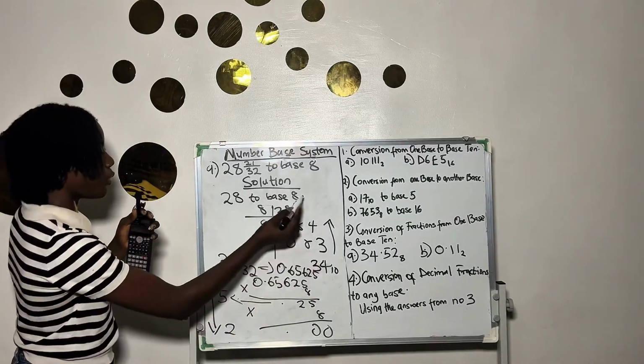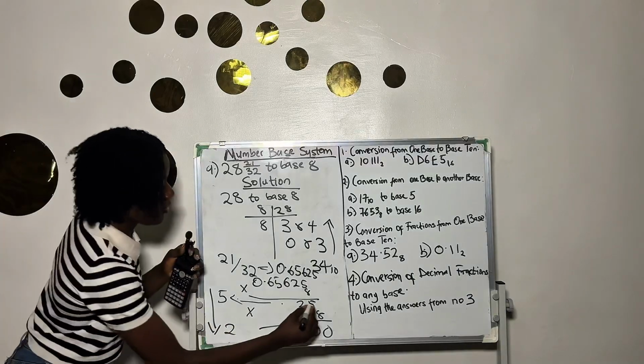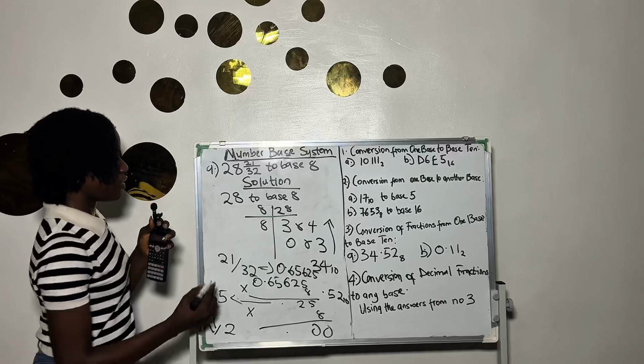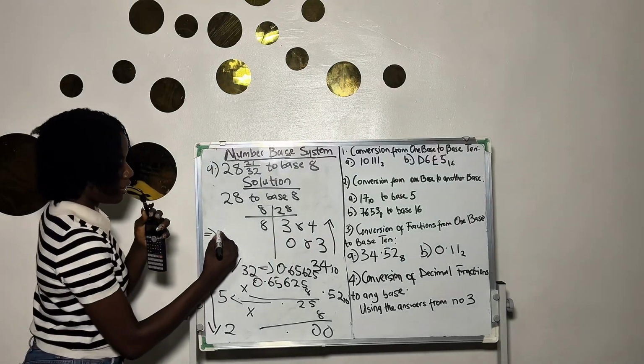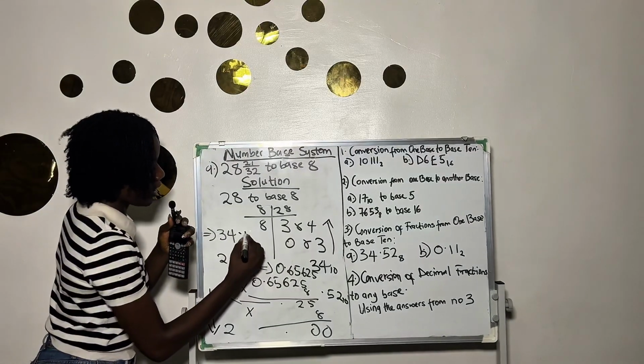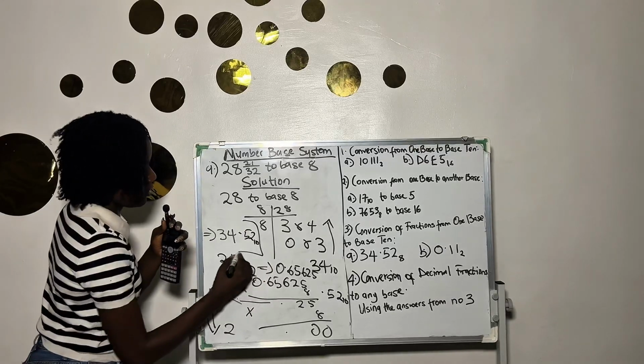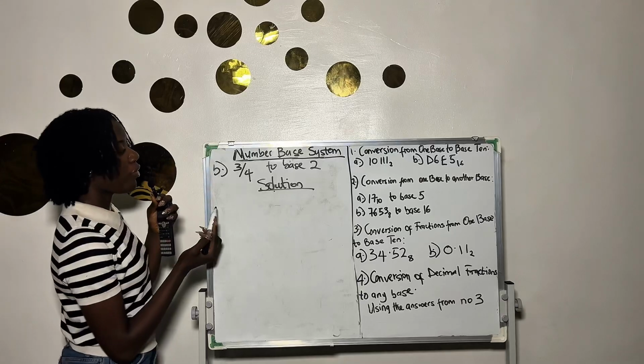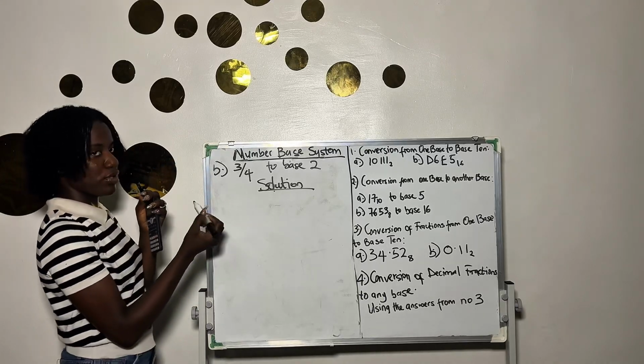Then we take this one upward, we take this downward. We are getting what? 52 base 10. 0.52 base 10. So we have 34.52 base 10. Let's work on the last example, which is converting 3 over 4 base 10 to base 2.